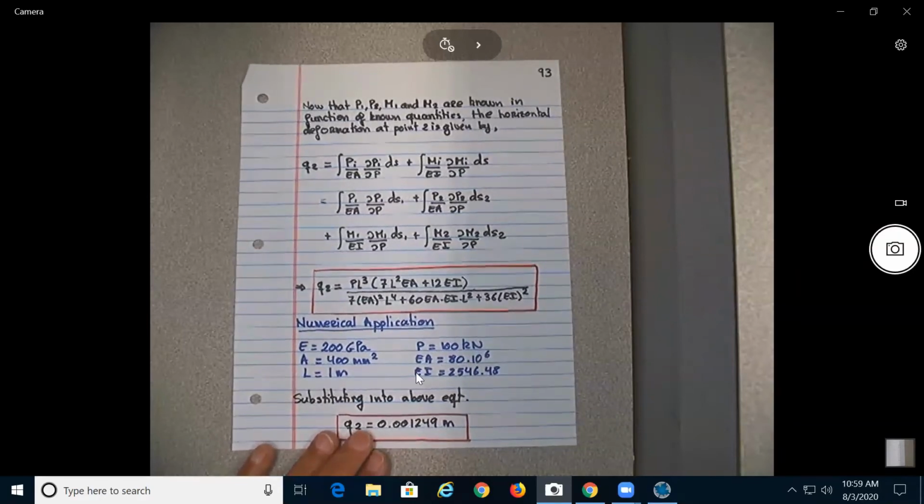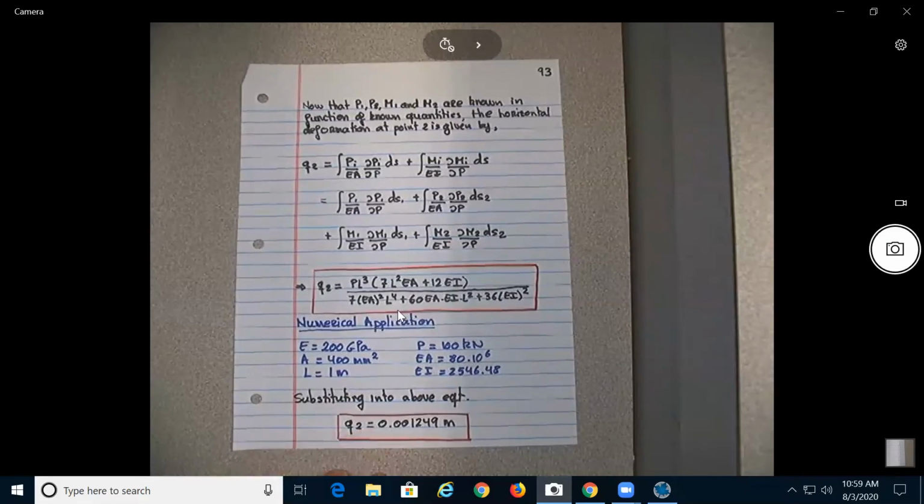These values actually come from the finite element model. If you substitute in that equation, you get that the deformation is about 0.01249 meters.